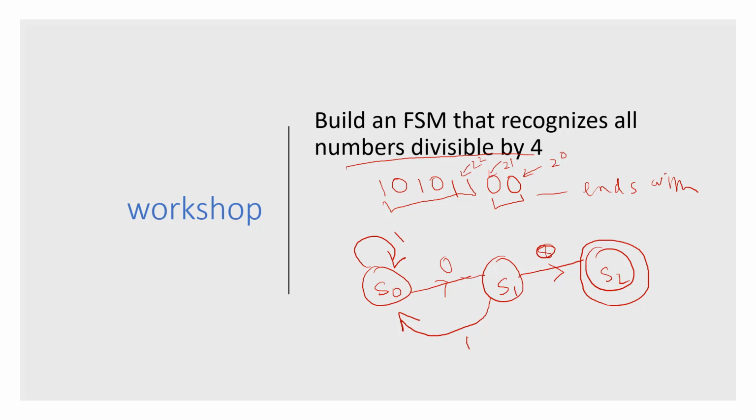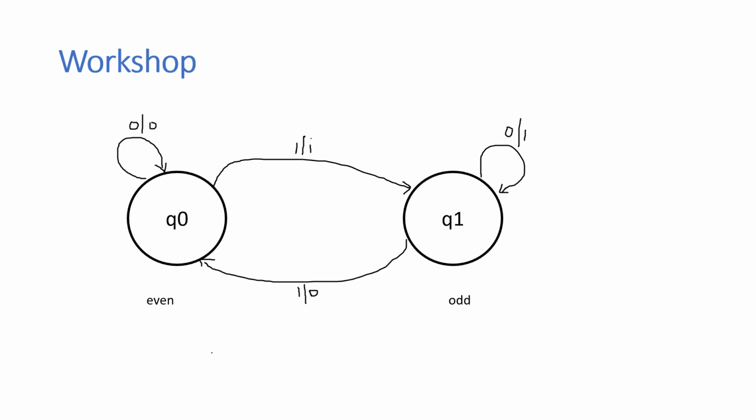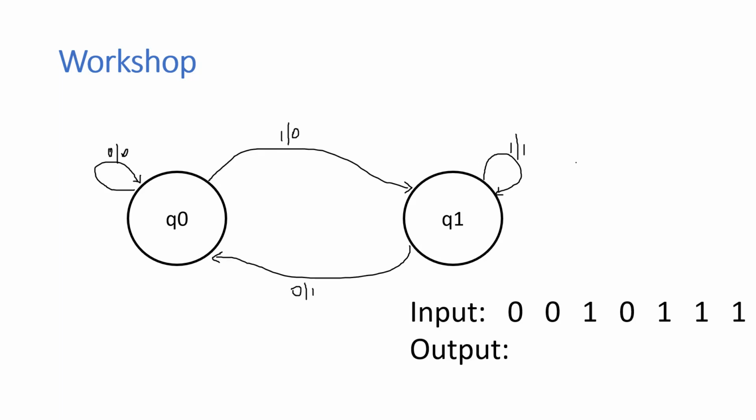As you can see, this machine is completely determined, because it will only end if you get 2 consecutive zeros in a row and it ends in S2. So here's a machine that can recognize if a number is divisible by 4. Here's another idea, which we leave as practice: checking the parity, whether they have an odd number of zeros or an even number of zeros. Okay, so let's move on.